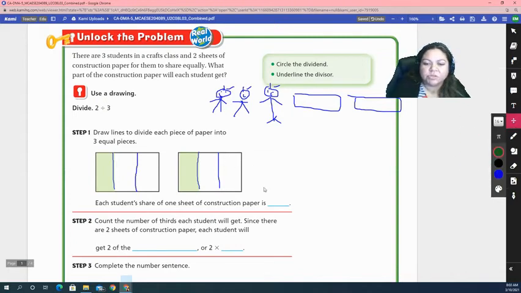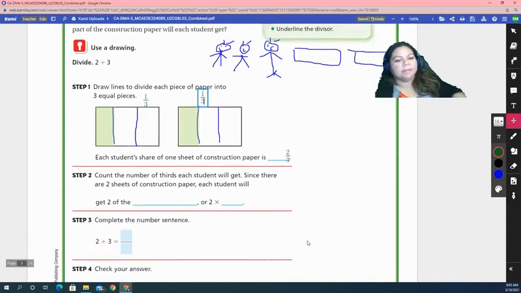So that would be, in total, 2/3. How did you get that, Ms. Maldonado? Well, here it's 1/3, right? If a student gets a third from here, and then I add the other third from the second sheet of paper, each one gets 2/3. But now we're going to see this doing it mathematically.